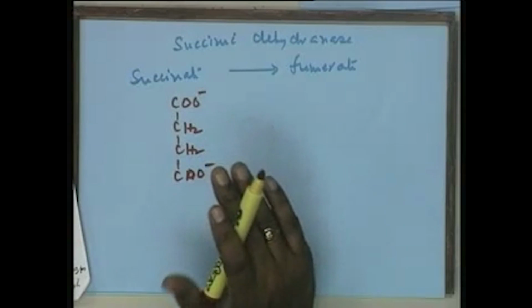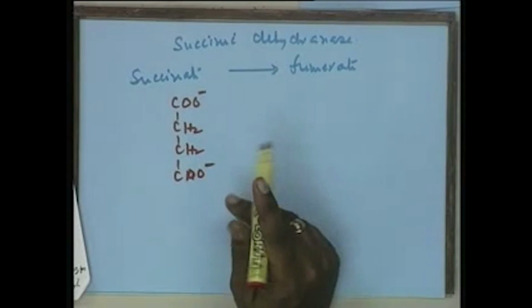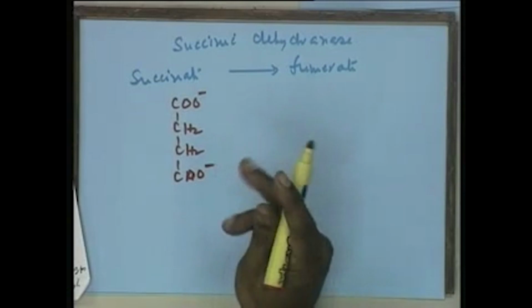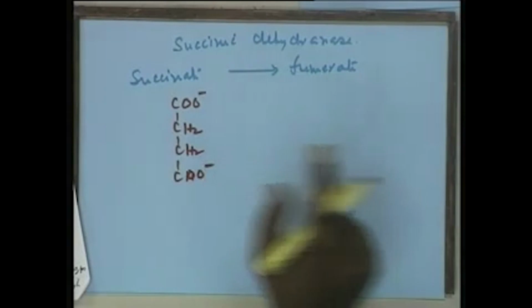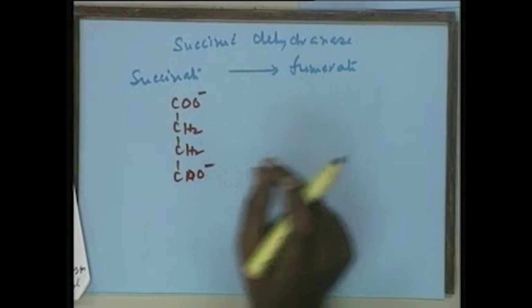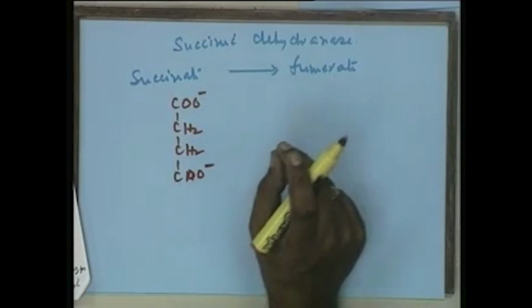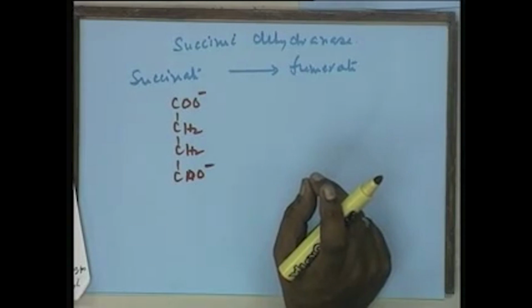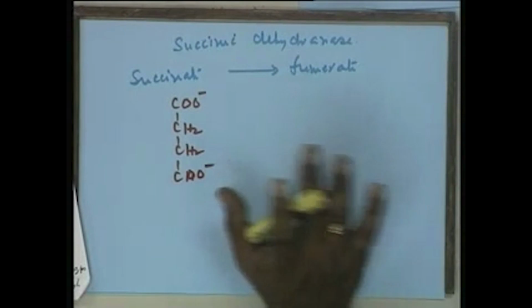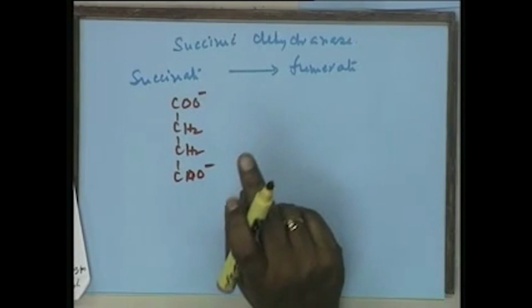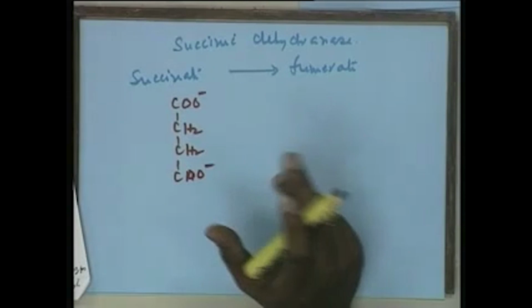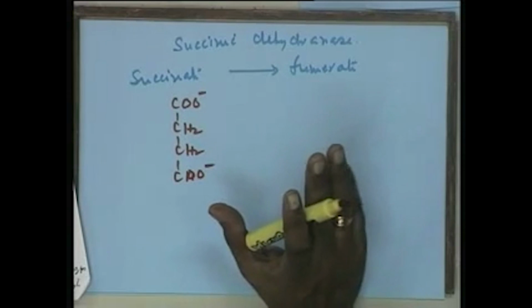Now when the substrate concentration becomes very high, the enzyme molecule might bind two substrate molecules, one carboxylic group from each of the succinic acids. Therefore the active sites are not functional, because instead of one molecule there are two molecules attached, and the enzyme substrate complex results in a dead end complex which does not go to the final product forming stage.